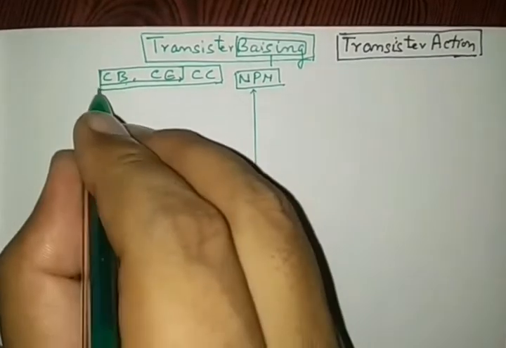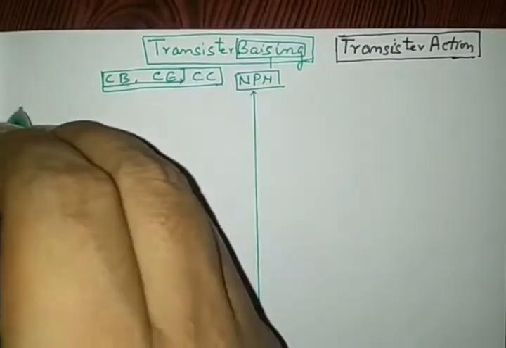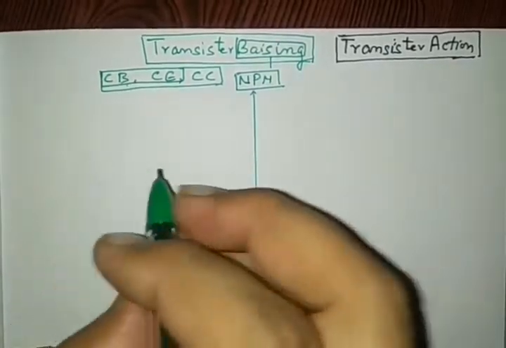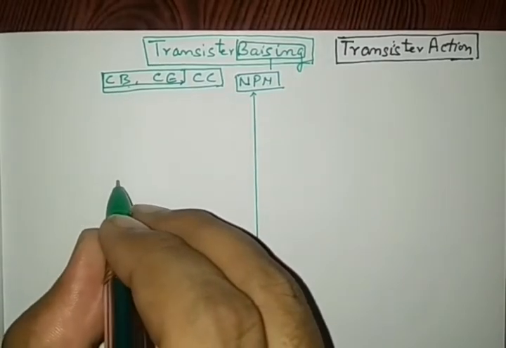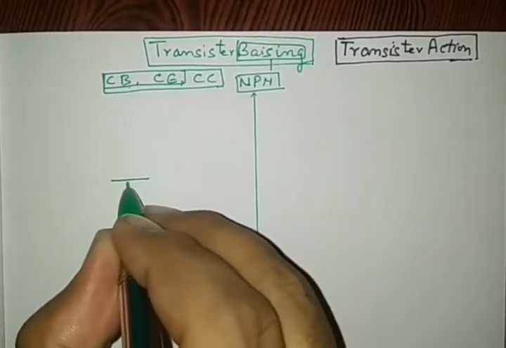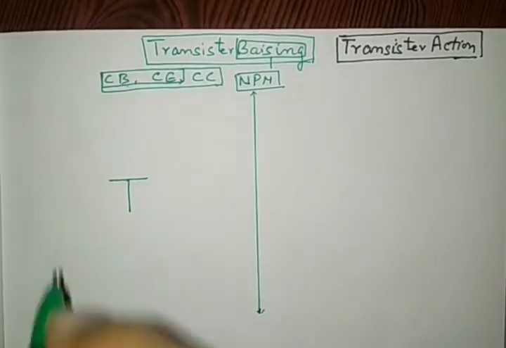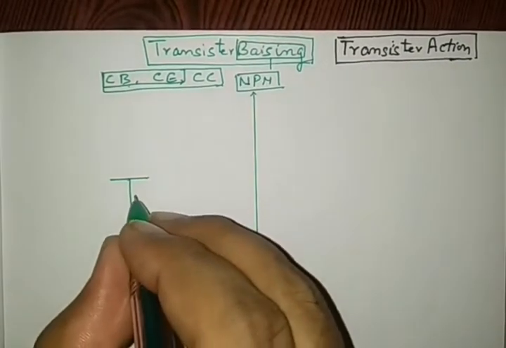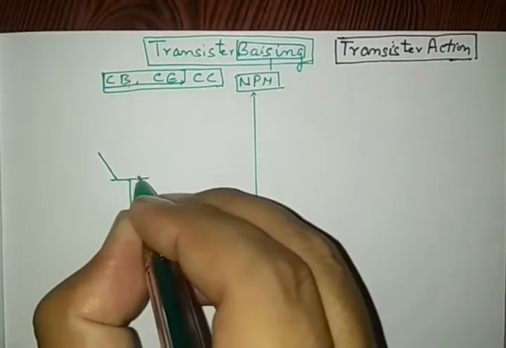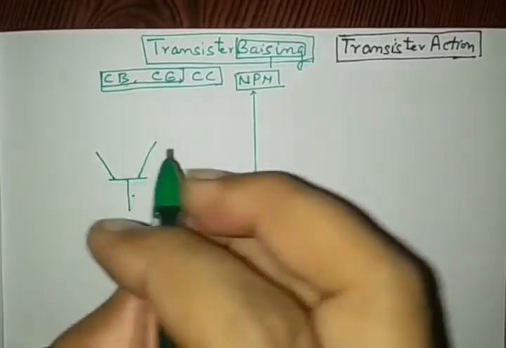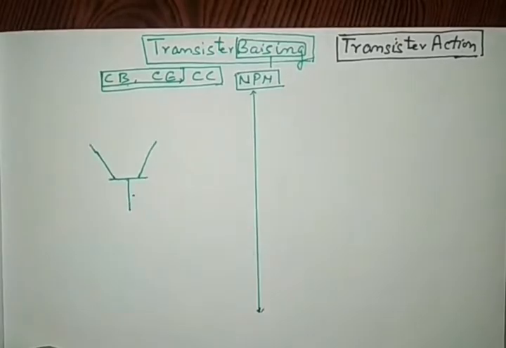So first of all we are going to the common base circuit. If we are taking common base, see very carefully. This is a transistor, and it has three terminals available here, right?